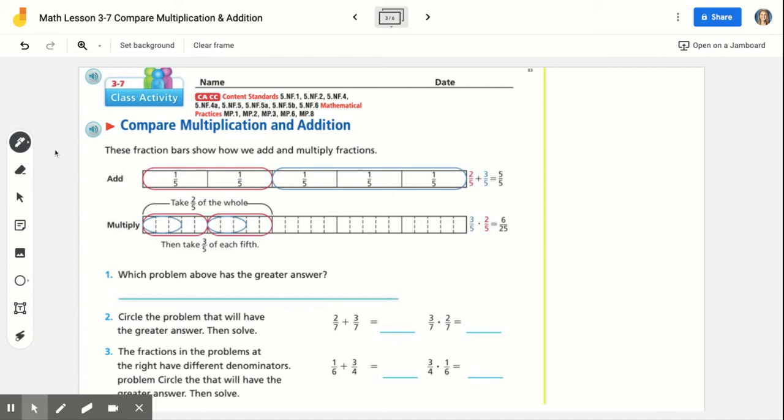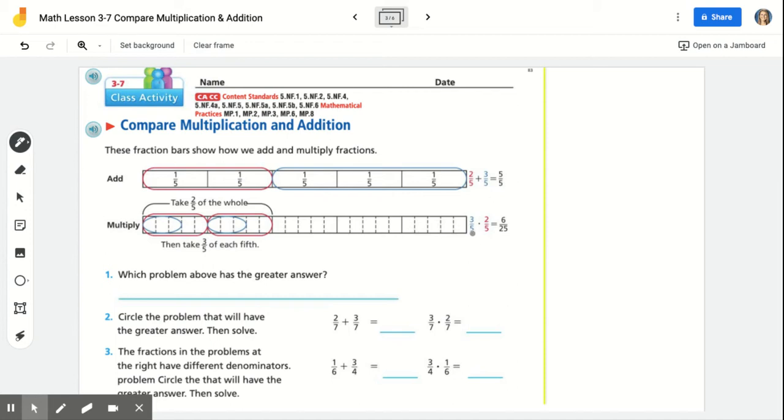All right, so underneath the heading, it says these fraction bars show how we add and multiply fractions. And what I want you to do is take a look at the addition and the multiplication sentences on the side, and then we'll look at the fraction bars together once we look at them. So the first one is 2/5 plus 3/5, and they already wrote the answer is equal to 5/5.